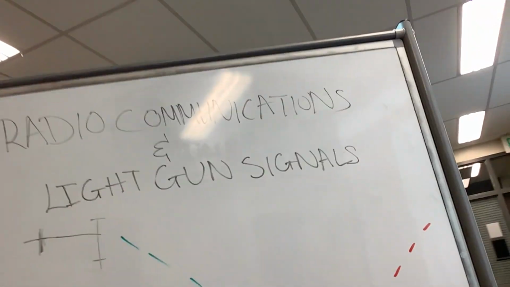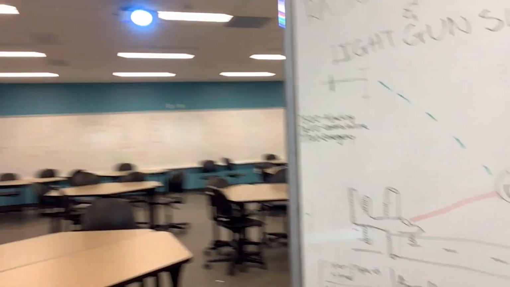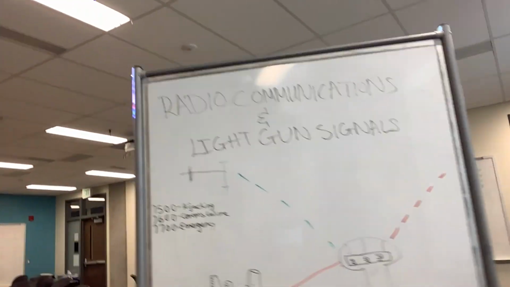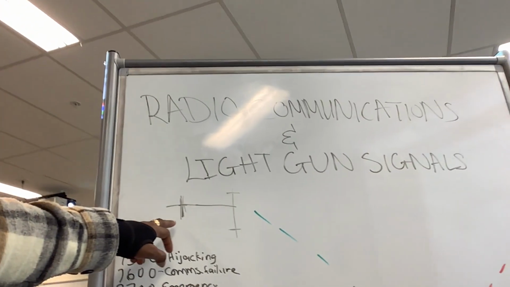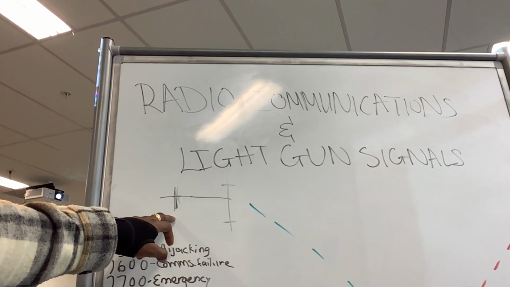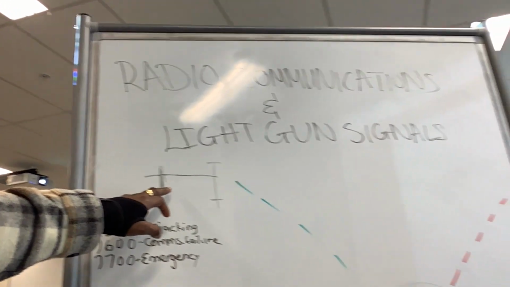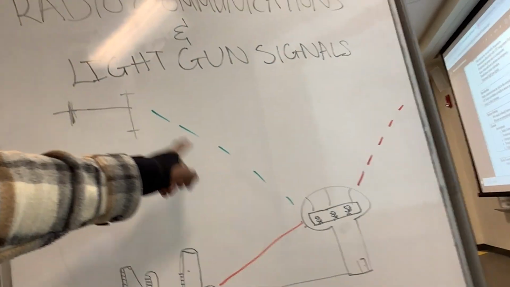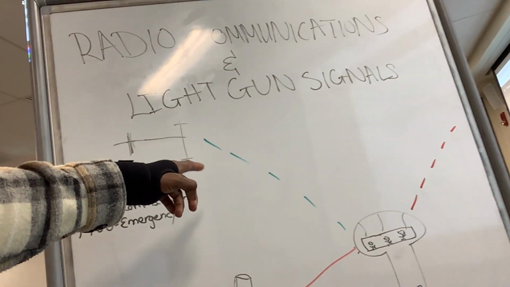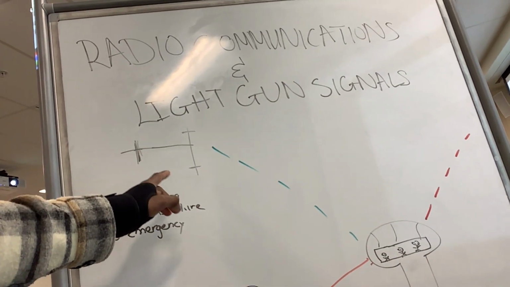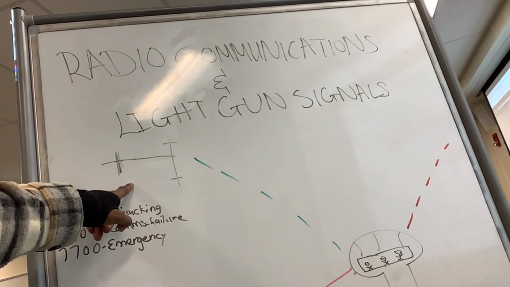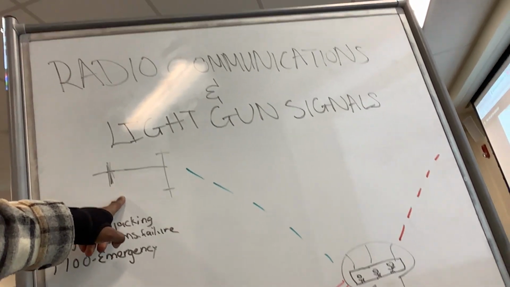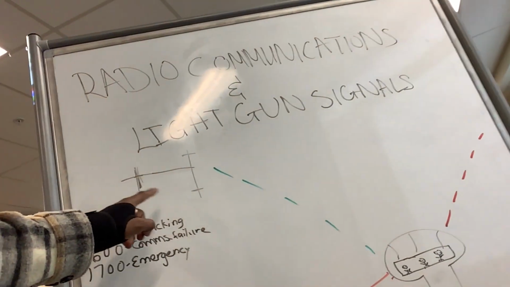Up here, I have another aircraft, and it's showing a flashing green from the tower. Flashing green means clear for taxi. Flashing green in the air, because the aircraft is in the air, means return for landing.